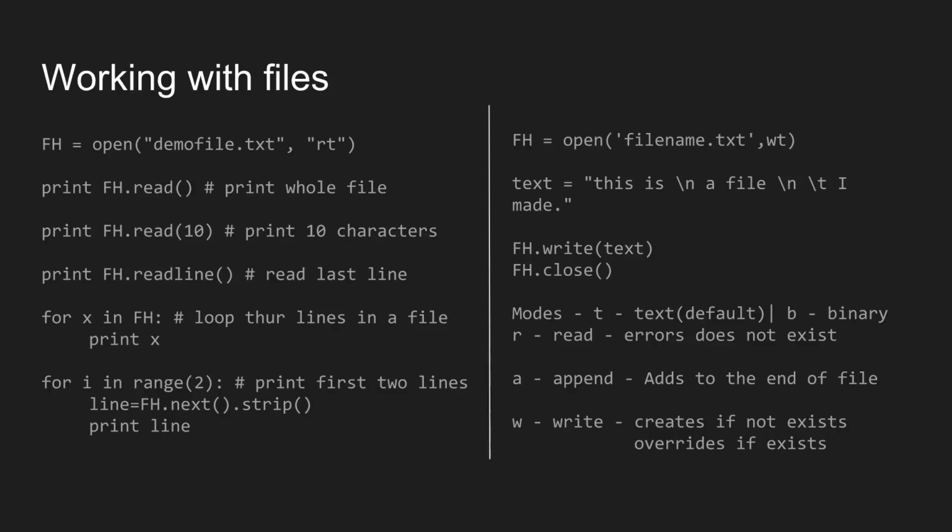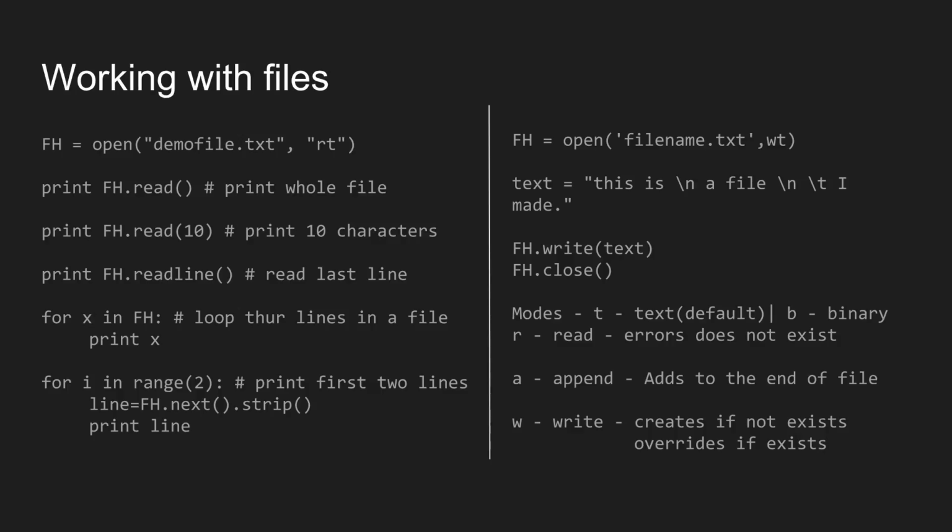So writing a file, sometimes you have to write a file in Python. You create your string however you want. You can add new lines to your lines, add tabs. Correct, you're missing quotes on the open.